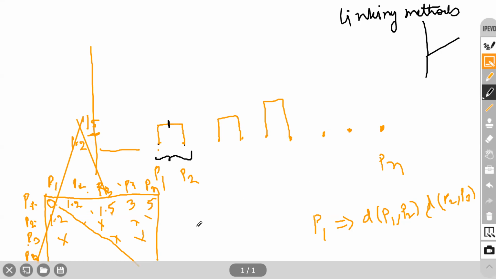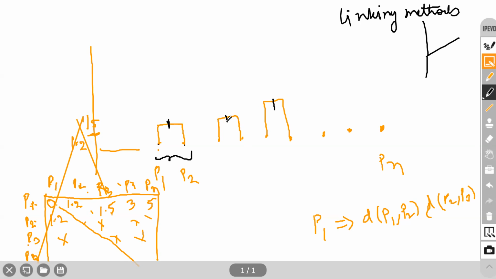Got it? We can take the center value, which I have taken. Now this center value can be considered as a point, correct? Similarly, again I will be measuring the distance, suppose, from this point to all the points.